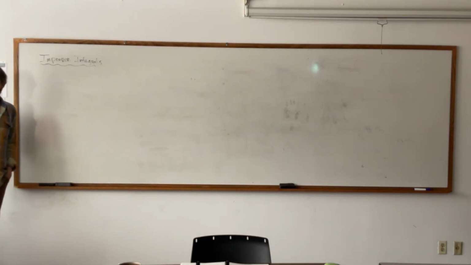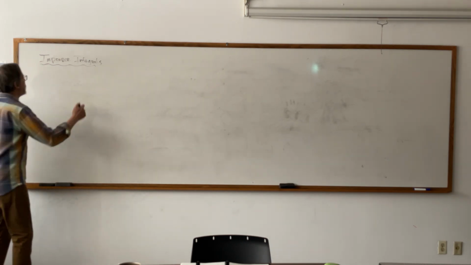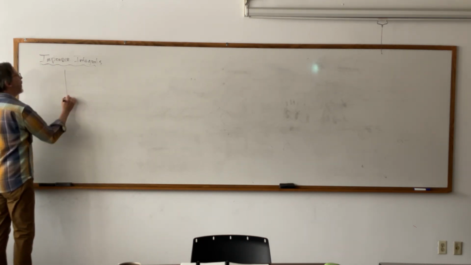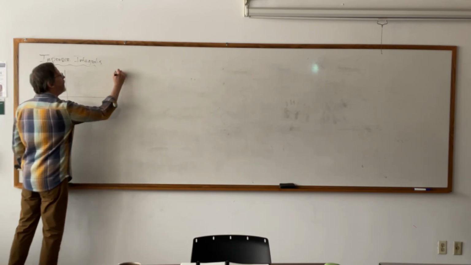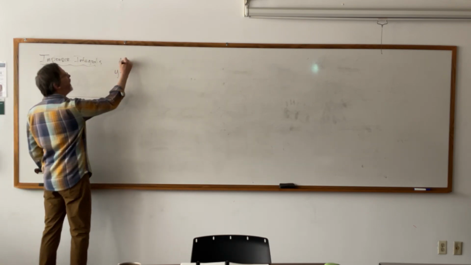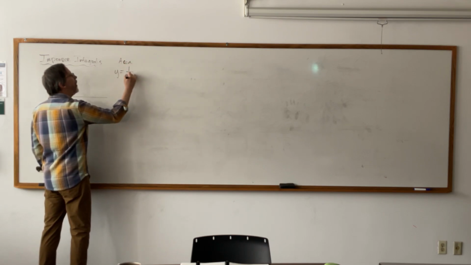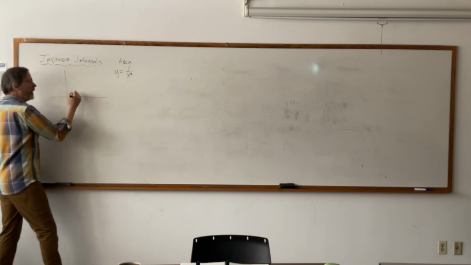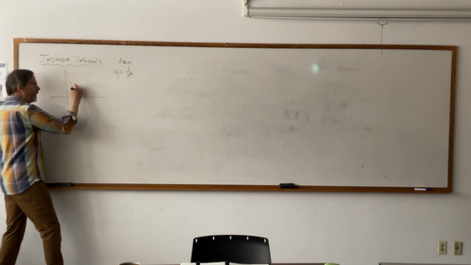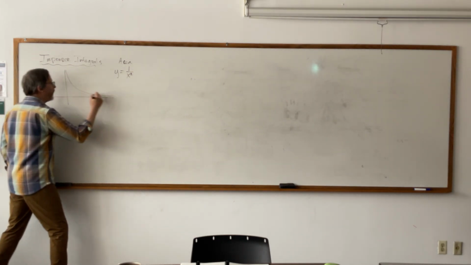All right, so what is an improper integral? Here's the problem. Let's say I've got y equals 1 over x squared, let's do this as an area problem to understand it. That looks like this, at least for the positive x.